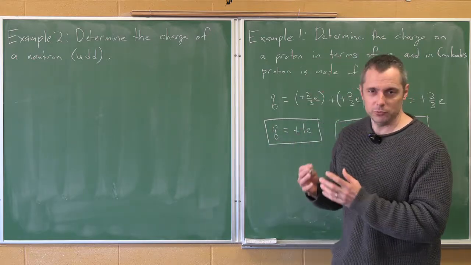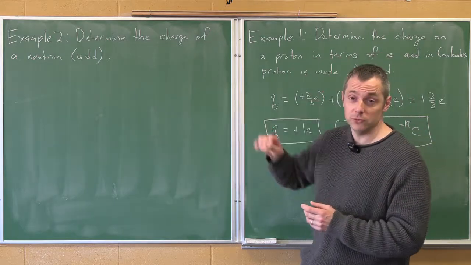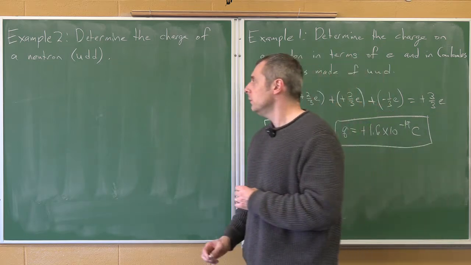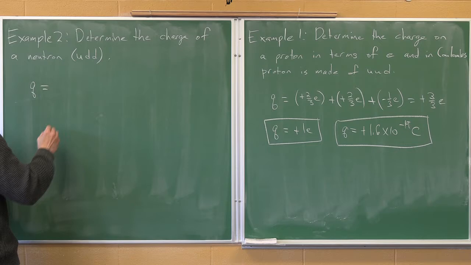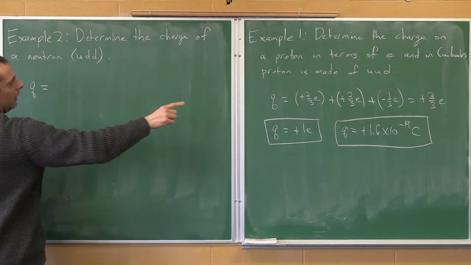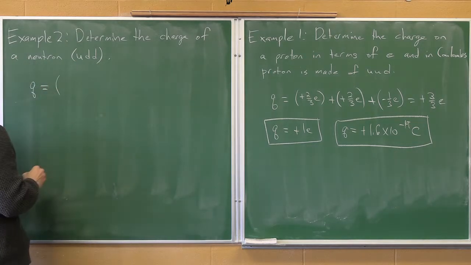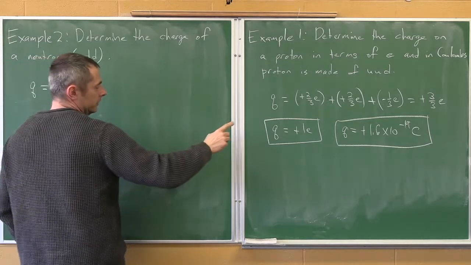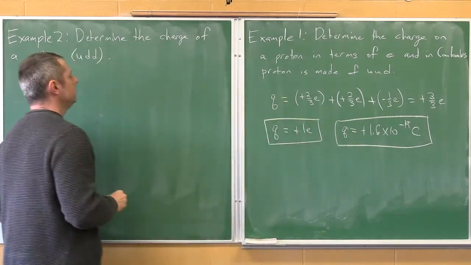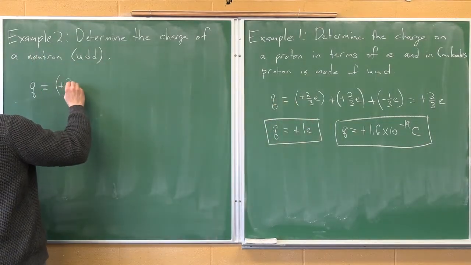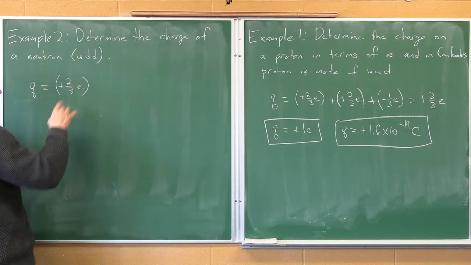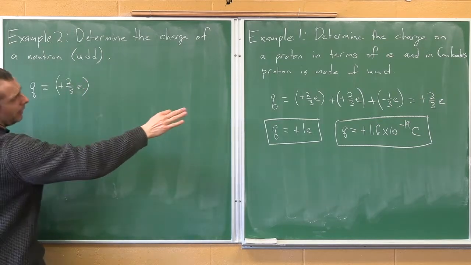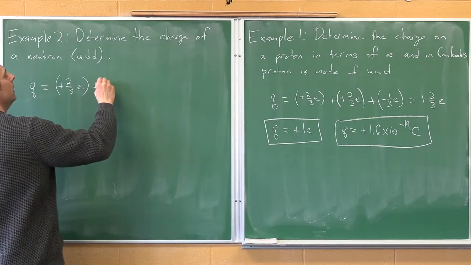But suppose we didn't know that, but we knew it was made of those quarks. We would find the charge in this manner. We would say Q equals, and I'm not going to bring the reference table to the camera again, but we've got plus 2/3 e for the up quark. You look that up on the reference table. The down is negative 1/3.